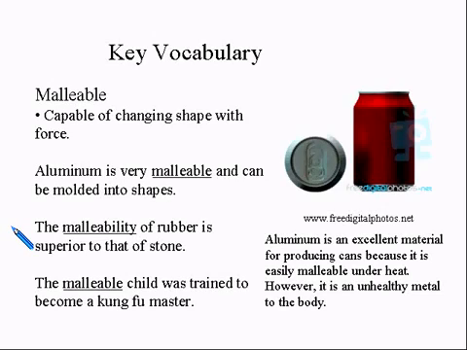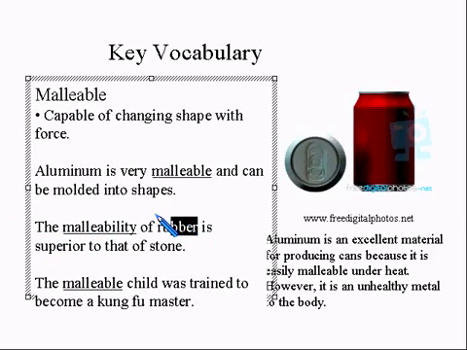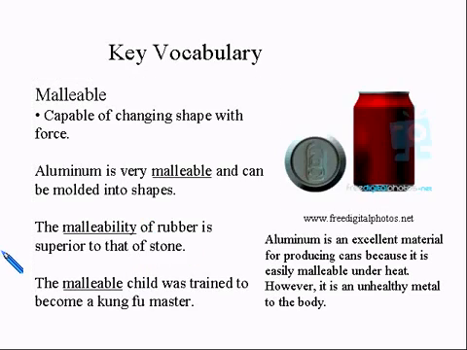The malleability of rubber is superior to that of stone. That means the ability to change the shape of rubber is easier or better than to change the shape of stone. The malleable child was trained to become a kung fu master.